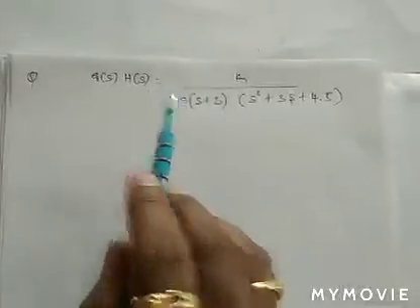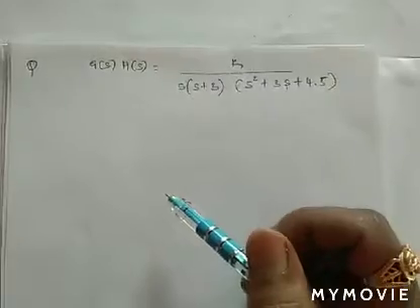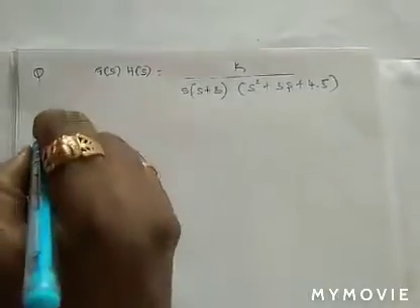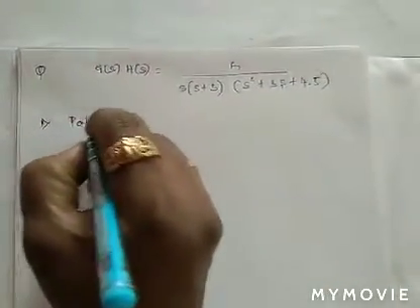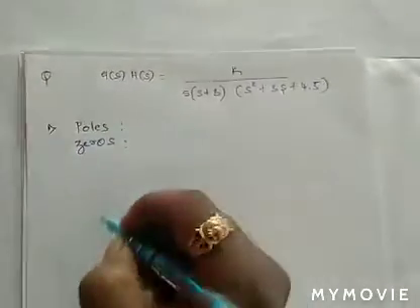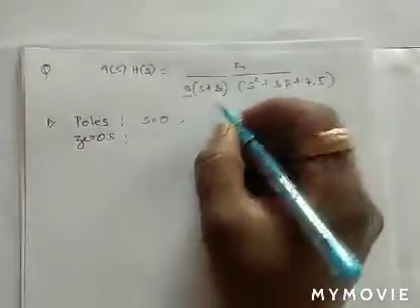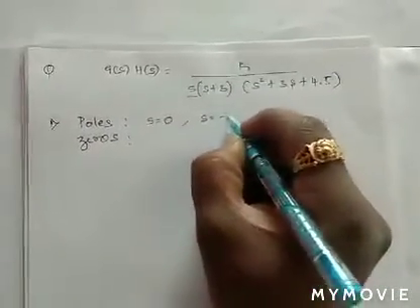The transfer function is given: K divided by s(s plus 3)(s squared plus 3s plus 4.5). So the first step, you already know, is to find the poles and zeros. The poles are s equals 0 and s equals minus 3.